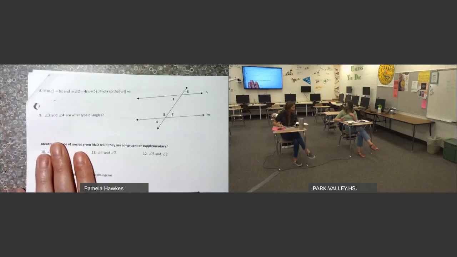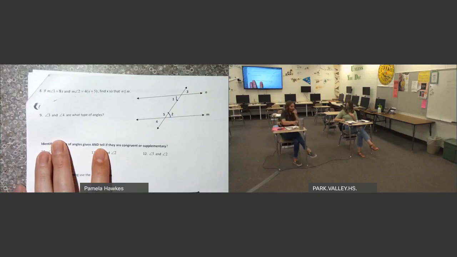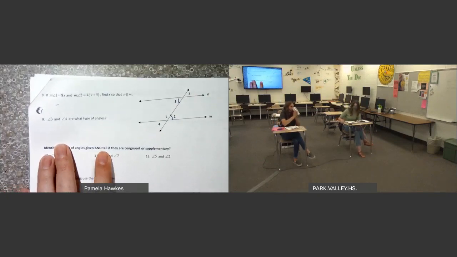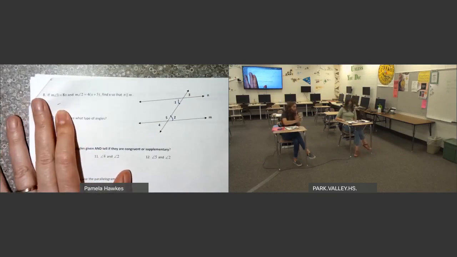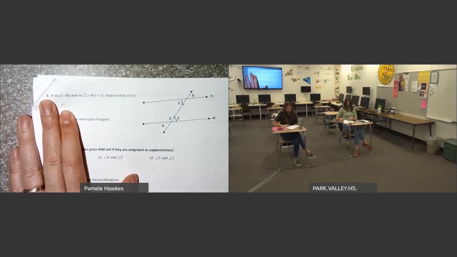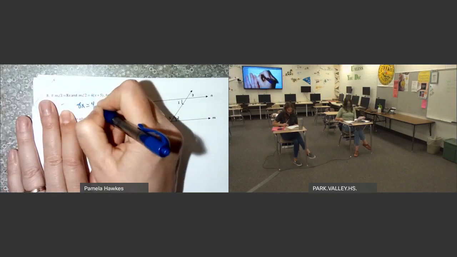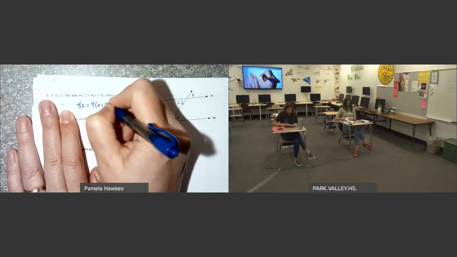What type of angles are they? Alternate interior. And what do we know about alternate interior angles? They're the same. So how do I solve this? AX equals 4 times x plus 5, right?